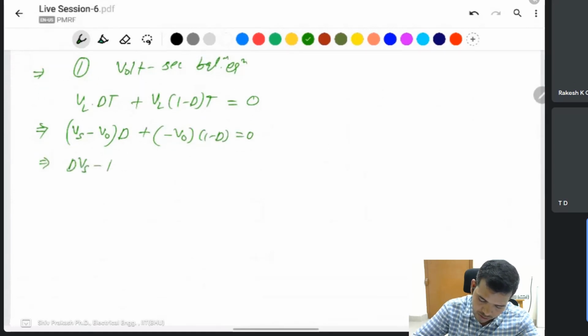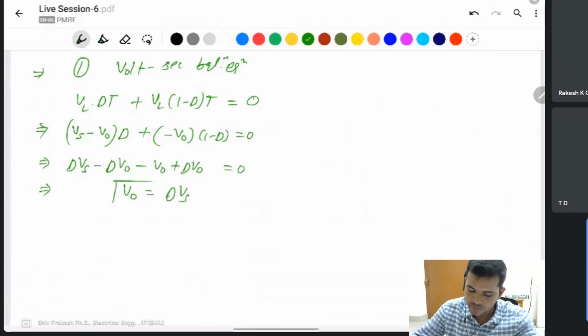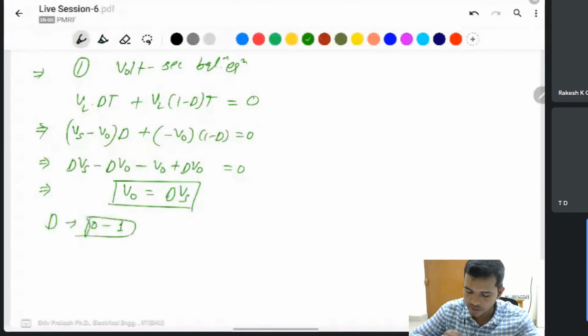We will solve this one and find V naught is equal to D Vs. D would be from 0 to 1. It means the voltage will be stepped down. This is known as the buck converter. If you take D equal to 0.5, which means 50% duty cycle, then the output will be half of the input voltage.